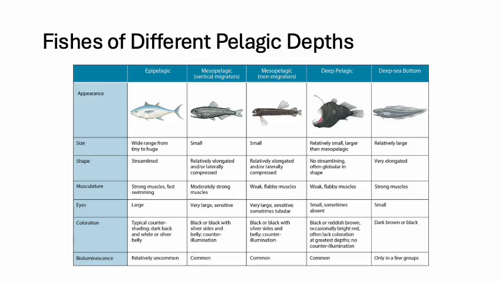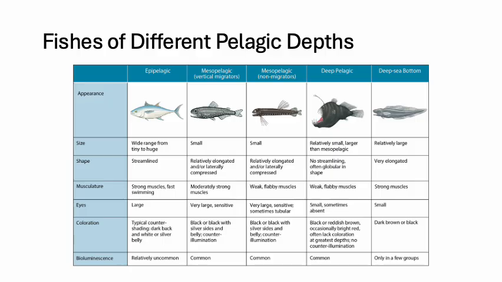Once we cross into the deep pelagic, their body plan changes dramatically. Streamlining disappears and many fishes adopt globular shapes with flabby muscles. Eyes shrink or disappear completely. Coloration shifts towards deep black or reddish brown that vanish in the darkness. Bioluminescence becomes one of the few reliable tools for survival, appearing in many species.